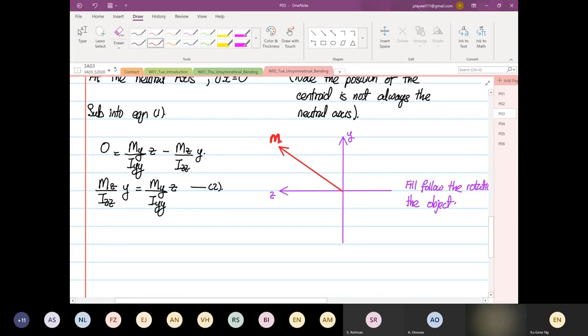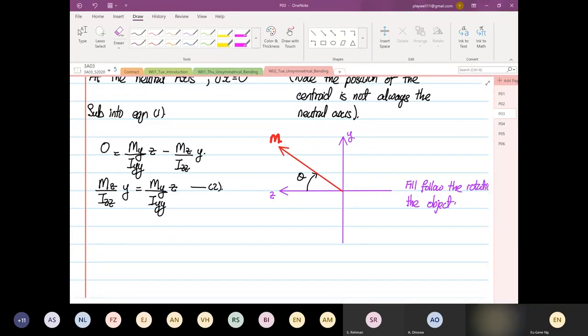Right. So if that's our moment, we also know the angle theta is going to rotate from the z-axis.